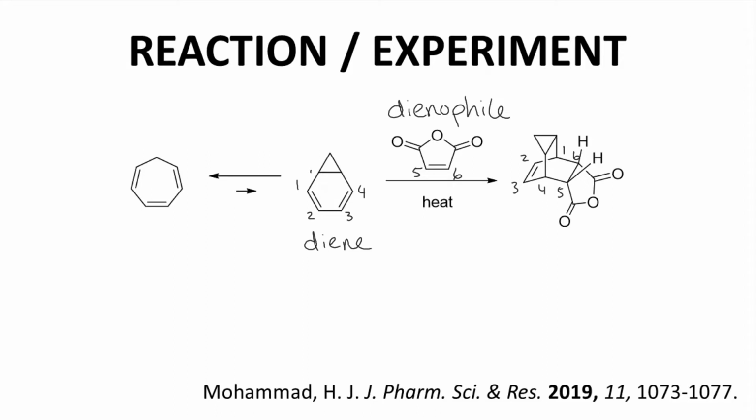Let's put dots on part of the cyclopropane ring, and the anhydride is unreacted and remains an anhydride in the final product. In terms of stereochemistry, the product we will isolate is exclusively the endo product, with the electron withdrawing carbonyls being positioned closely to the alkene in the cyclohexene product.